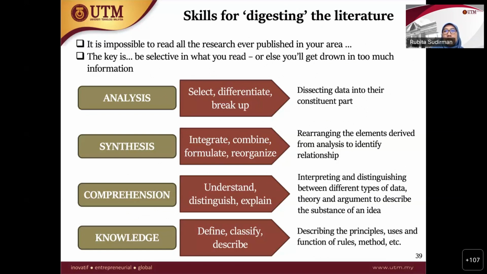So what you do, you can select, differentiate, and break up, depending on the title. So you have to segregate, maybe among similar methods, maybe among similar applications. So you will get an idea, oh, I want to do this for this application. The other applications that are not related, you will put aside. Okay, so that's how you segregate.